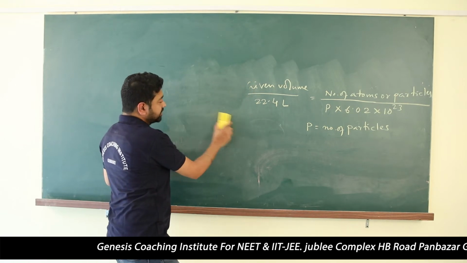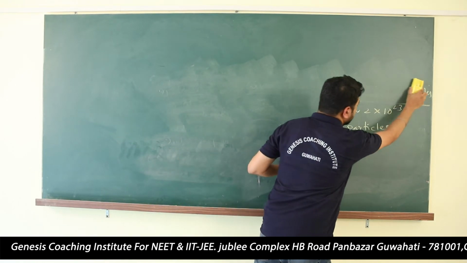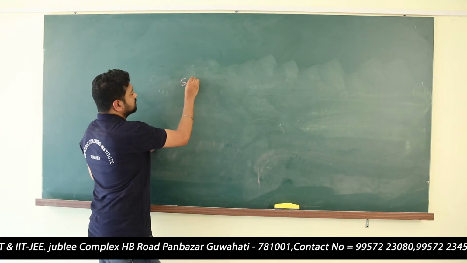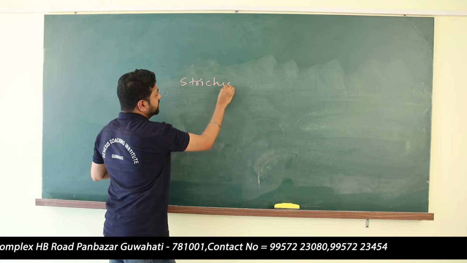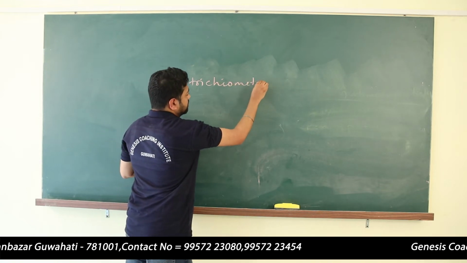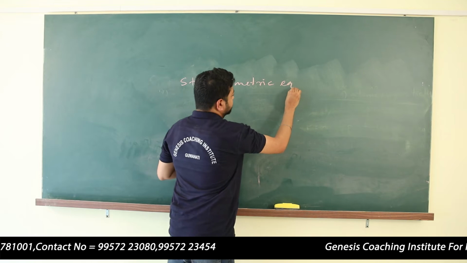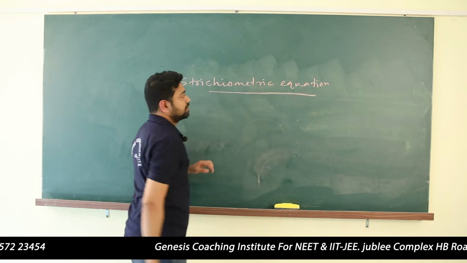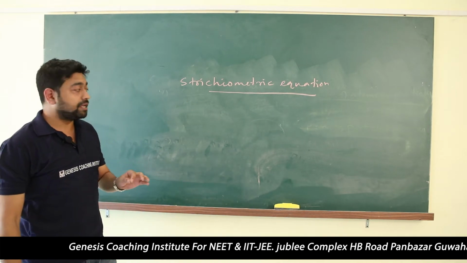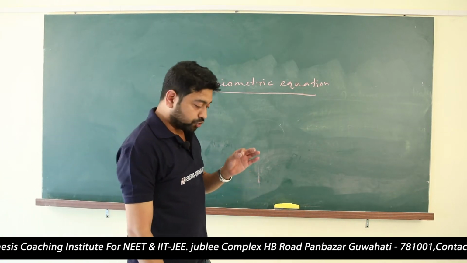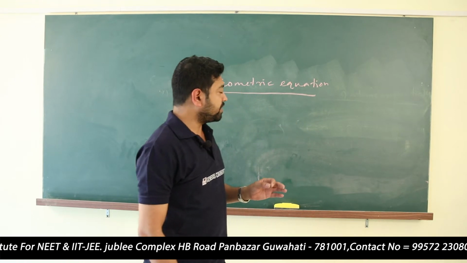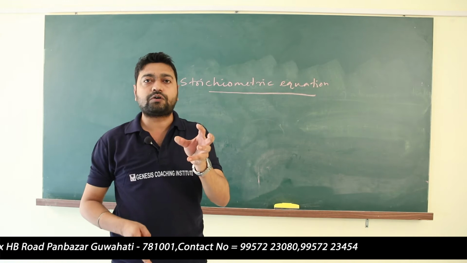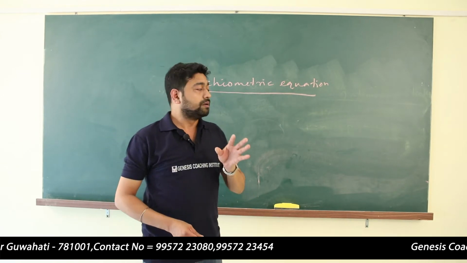With the help of this, we are going to evaluate the stoichiometric equation. Now, what is the meaning of stoichiometry? Stoichiometry is nothing but the ratio of the atoms in a particular molecule being fixed.